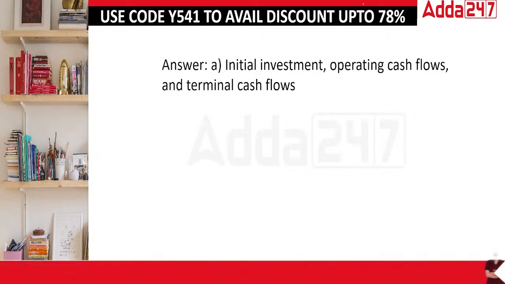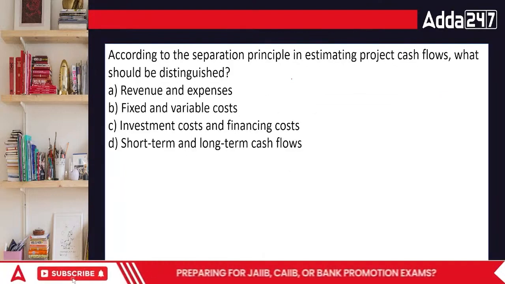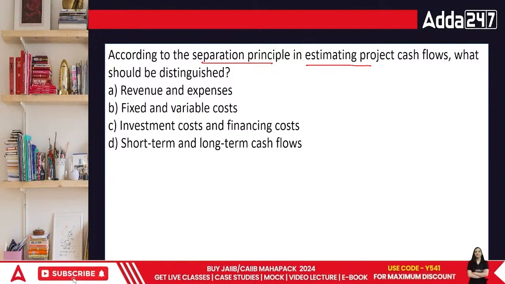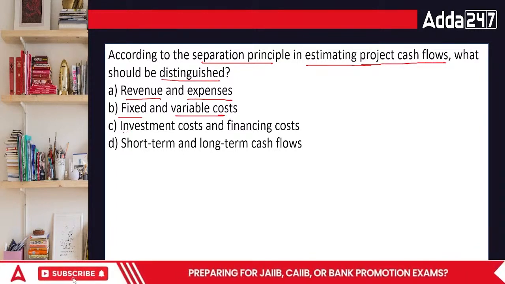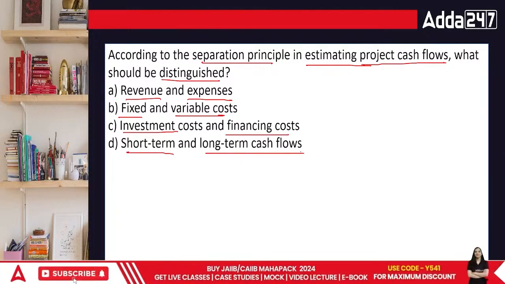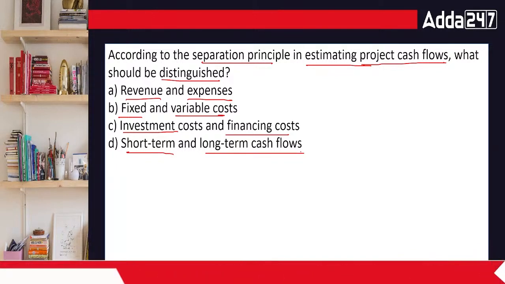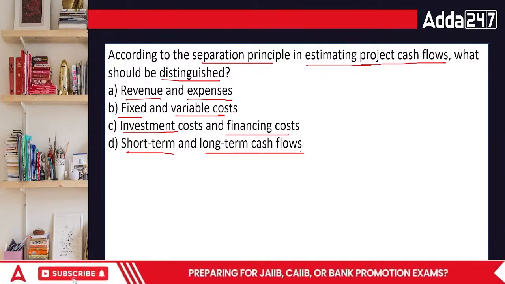Chaliye, let's look at the next question. According to the separation principle, in estimating project cash flows, what should be distinguished? Revenue and expenses, fixed and variable, investment cost and financing cost, or short term and long term. When I look at the separation principle, in estimating the cash flows, how do we distinguish things?